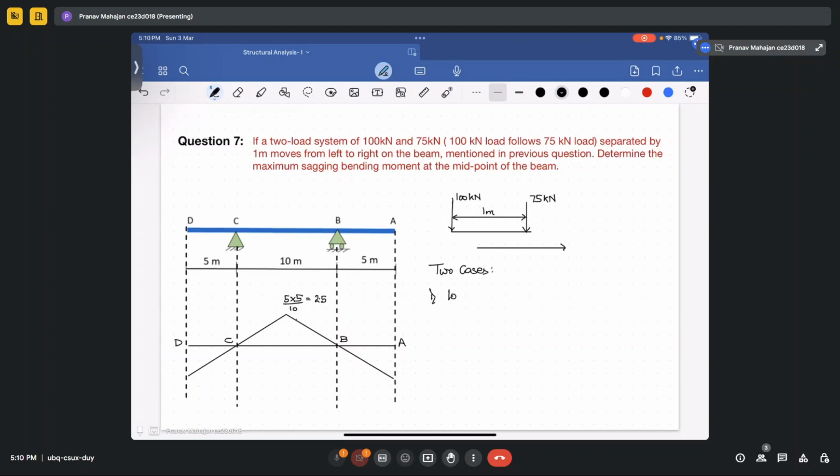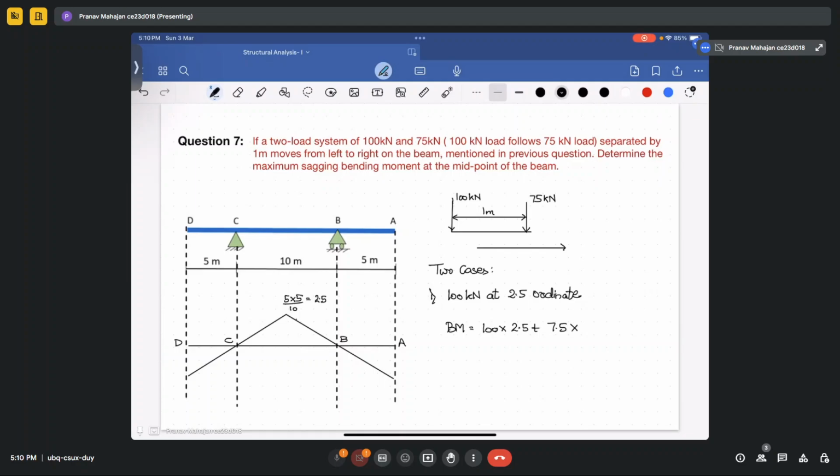First one, 100 kilonewton at the 2.5 ordinate. In this case, your bending moment will come out to be 100 into 2.5 plus 75 into what is the distance? This is 1 meter.